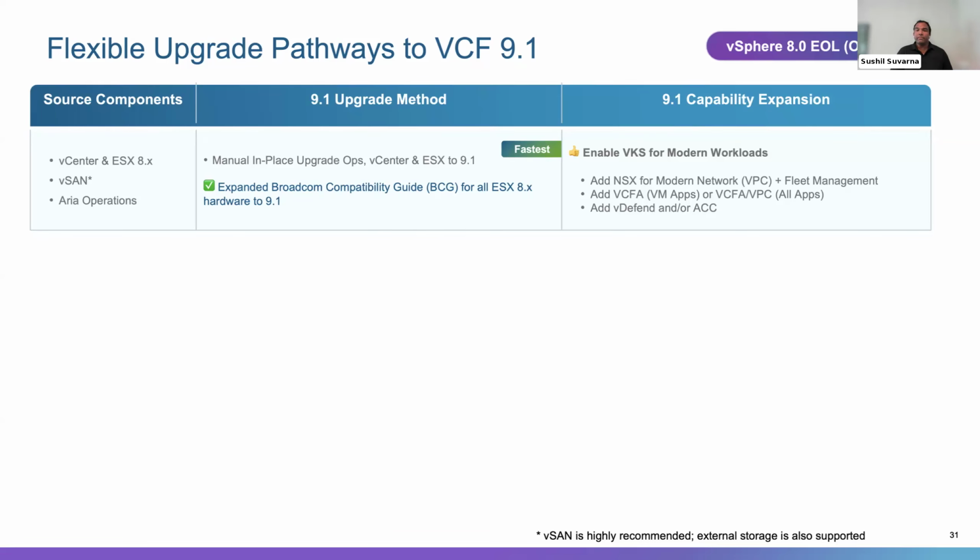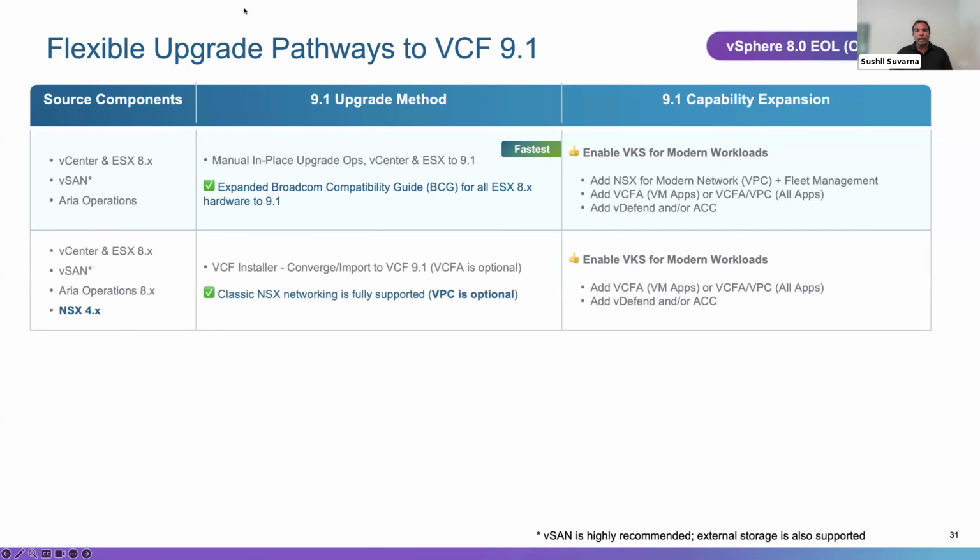In terms of the very first option, let's say you have only a combination of vCenter, ESX, vSAN, and ARIA operations. There is a method through which you can quickly move to 9.1 by just doing the manual upgrade of the individual components to 9.1.